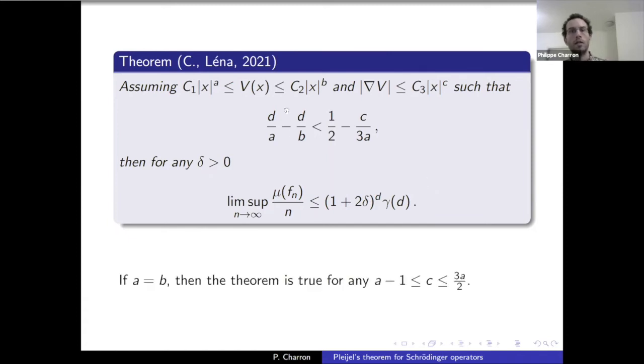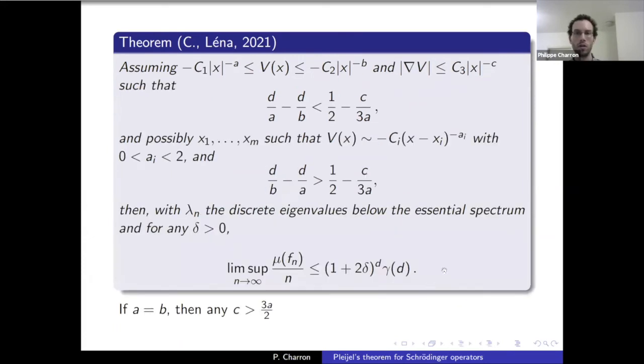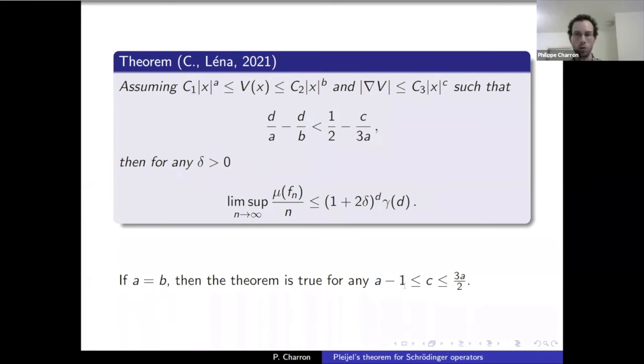Now, I said the easiest conditions were when a is equal to b, like for instance the quantum harmonic oscillator, where a is equal to b equal to 2. Then for c, you get something a little bit strange. So c can actually be bigger than a. For the quantum harmonic oscillator, we have c, which is exactly a minus 1. So c is 1 and a is 2.